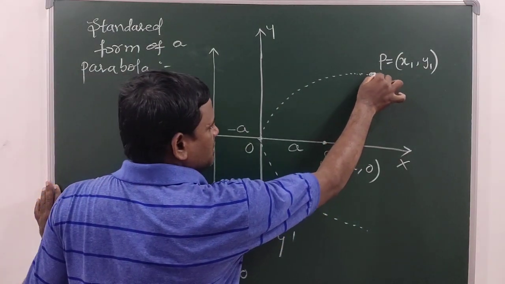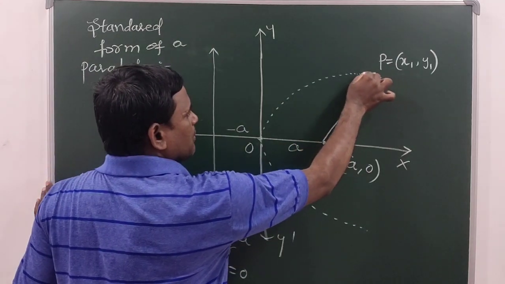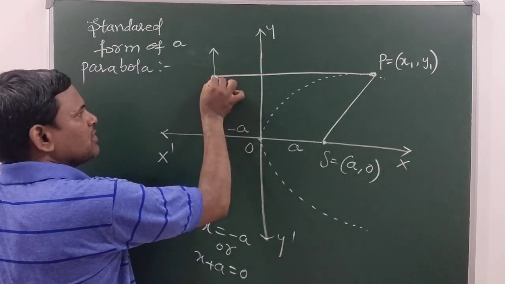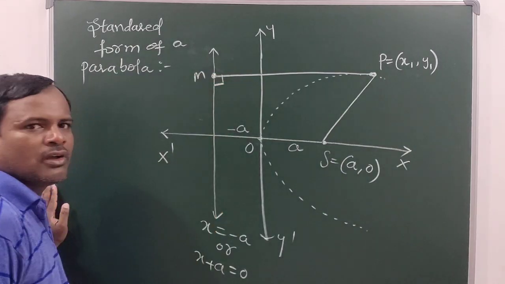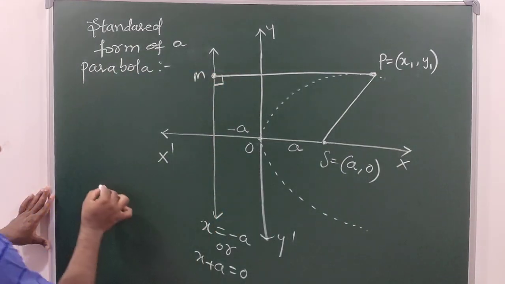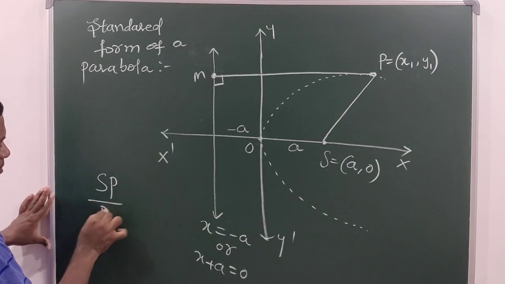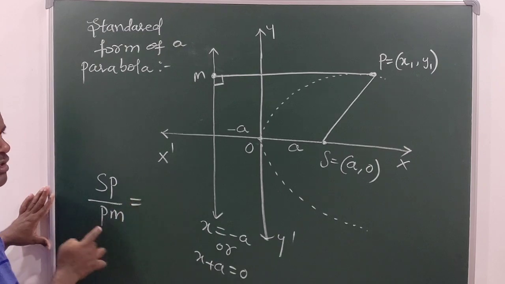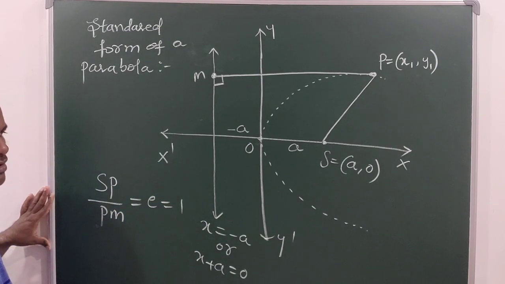Now measure this distance SP, and measure the perpendicular distance from P to this fixed line, that is PM. As you know, for this parabola, SP by PM is called eccentricity, whose value is equal to 1.